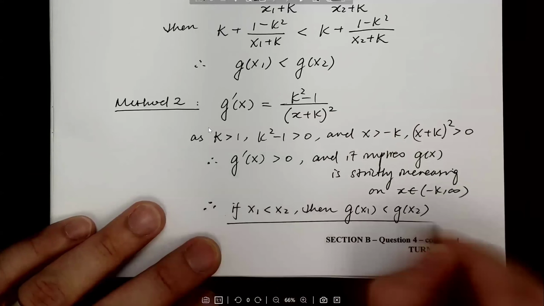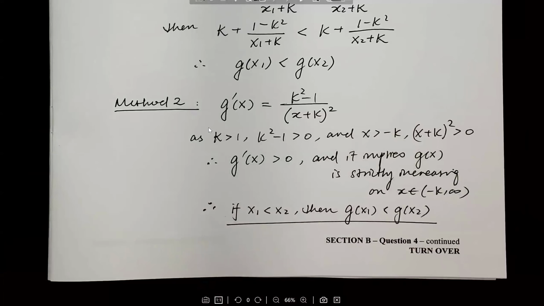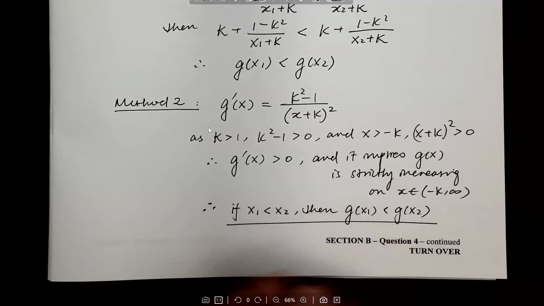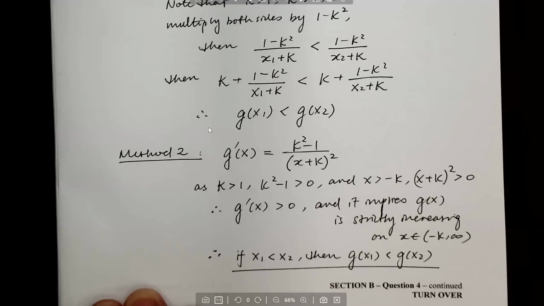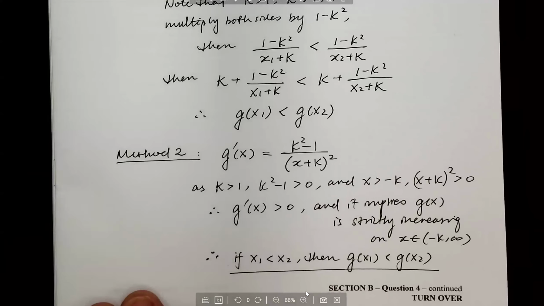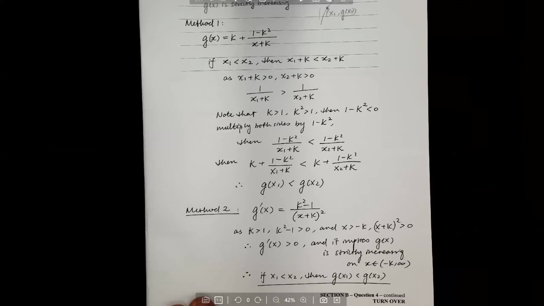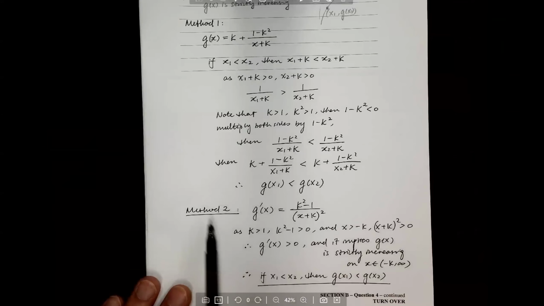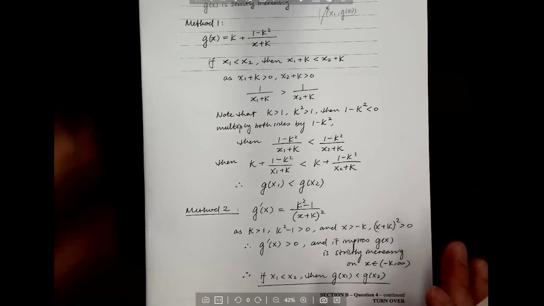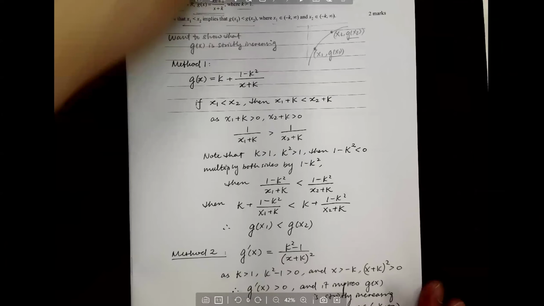So that is the description from first principle of the strictly increasing bit. I think the most popular methods will lie within these two kinds. So I would stick to the calculus method. Anyway, hopefully that helps.